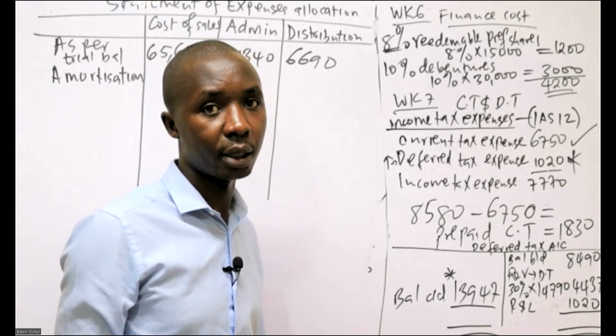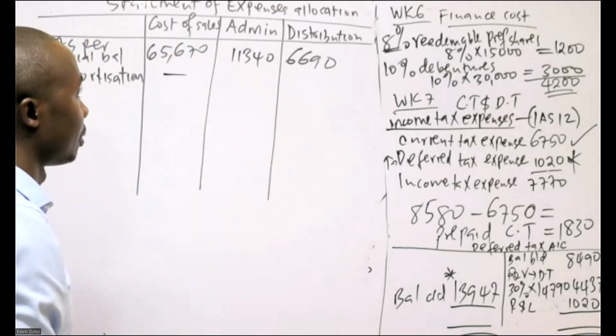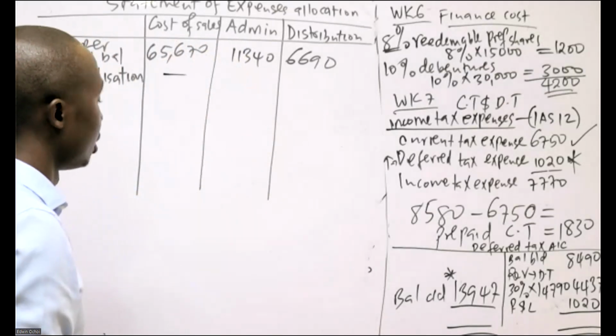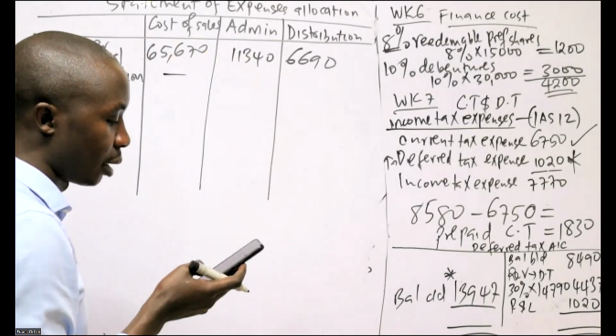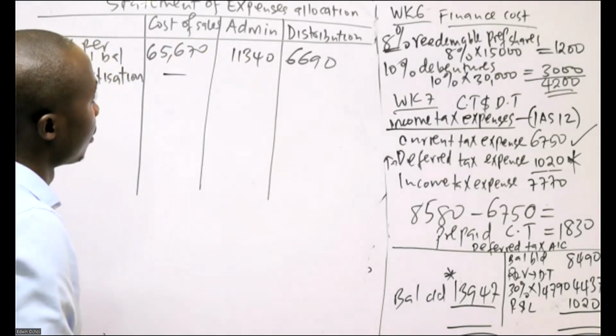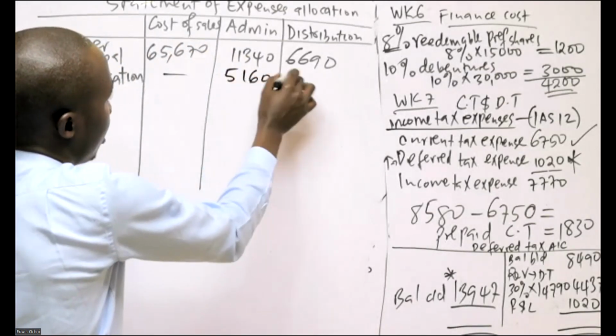It is amortized, meaning that I can take it to admin. It was 25,800 divided by 5, which is 5160.